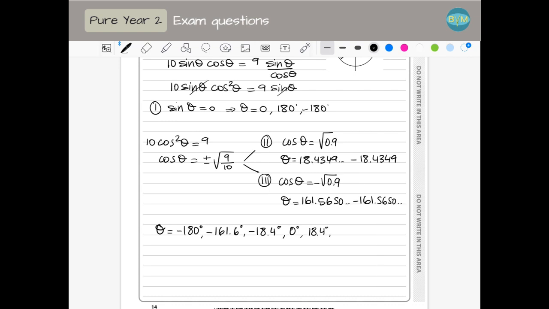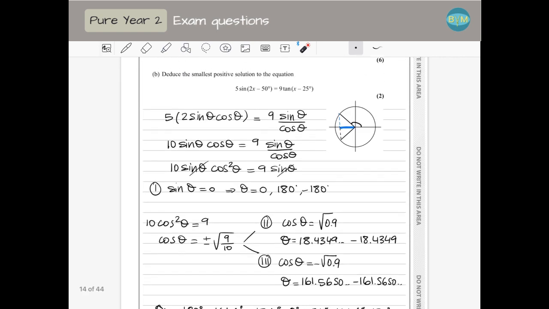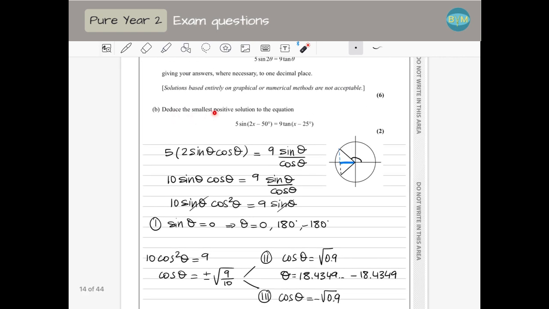It doesn't matter if they are in order or not. Yeah, so I have 1, 2, 3, 4, 5, 6, 7 solutions. And that's it.